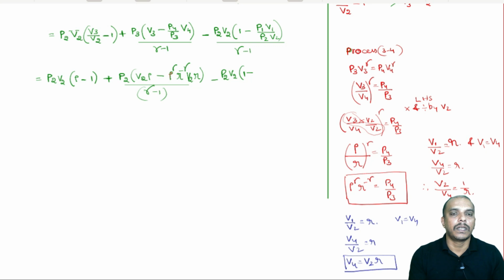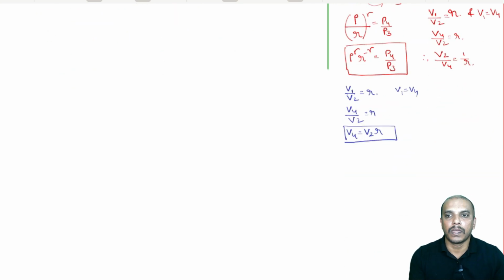So 1 minus, now again what is P1 by P2? Now P1 by P2 is what? So process 1 to 2, P1 V1 power gamma is equal to P2 V2 power gamma. Now we want P1 by P2.